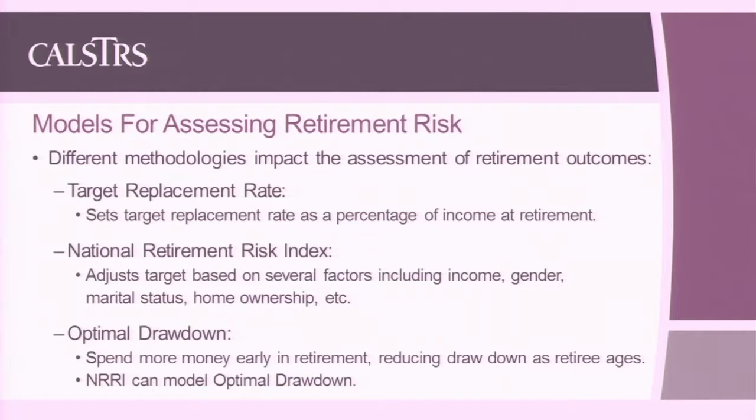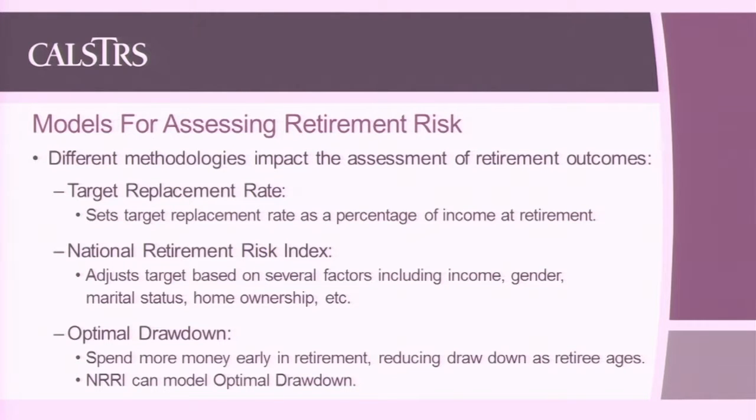Jumping topics a bit, I mentioned methodology matters, and there are 3 methods listed, from methods that produce the most stringent assessment of those who are at risk for falling short in retirement to the method that's least stringent. And the target replacement rate is that percentage that I mentioned at the beginning of the presentation.